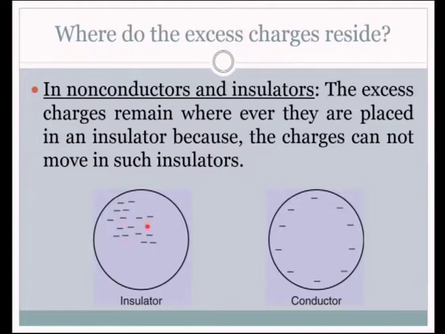They cannot move. But in the case of a conductor, it is not so. They move to the outer surface because of the electric field set by the individual free charges. So, in conclusion, the excess charge resides only on the outer surface of a conductor, and for insulators and non-conductors it can exist wherever it is placed.